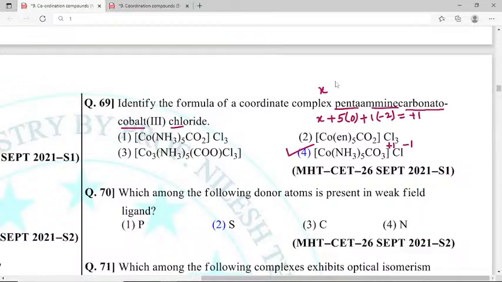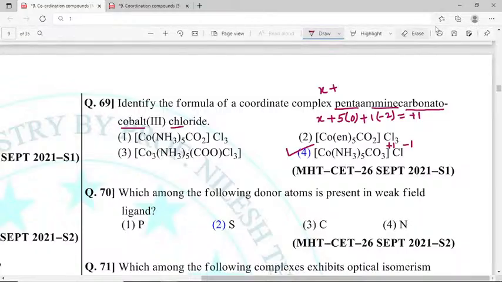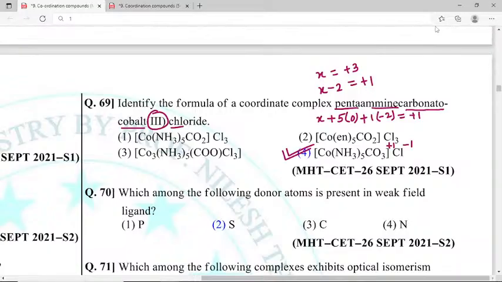So X plus 0, plus -2 is equal to +1. So X is equal to how much? X is +3. So this is correct. Option number 4 is correct. The oxidation state of cobalt is +3.